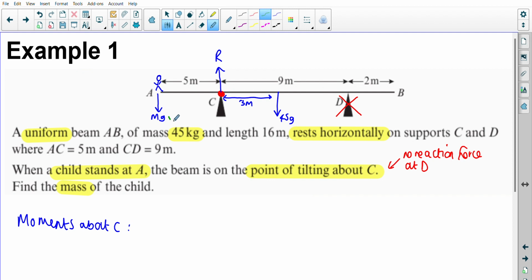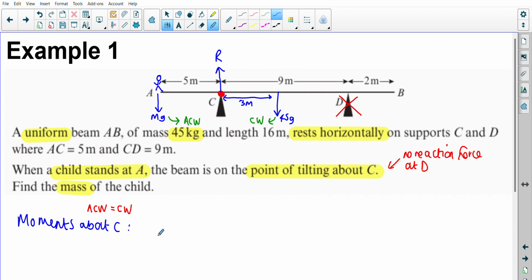It's going to tilt the beam in an anti-clockwise direction. There's another one, the centre of mass, so that will tilt the beam in a clockwise direction. I've just got two things, and remember, if it's resting horizontally, then clockwise equals anti-clockwise. So I'm going to do the anti-clockwise first.